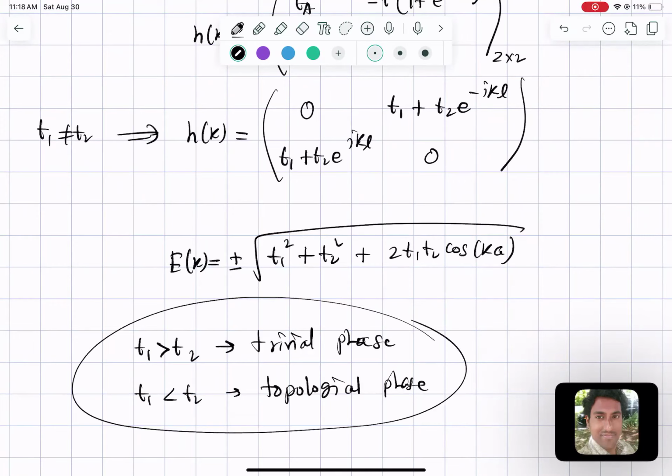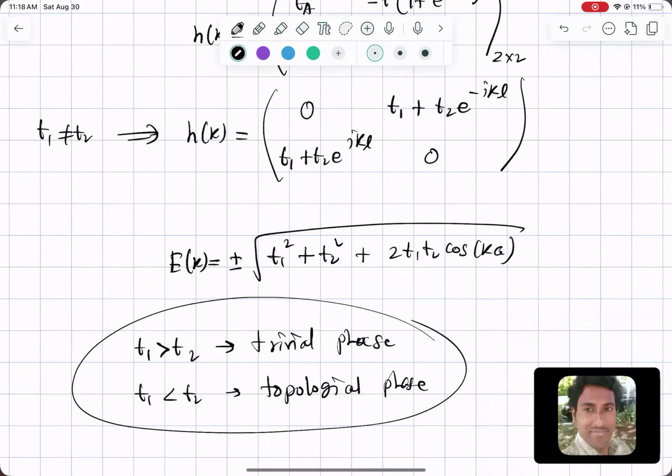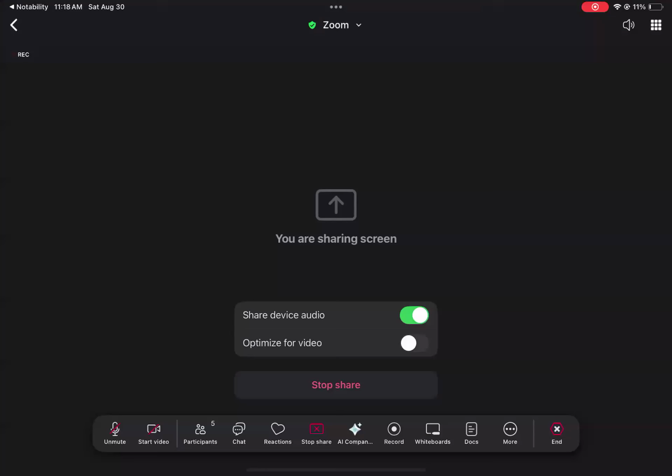And in the topological phase, let me share my other screen and try to show you the bands, and why it is called that phase.